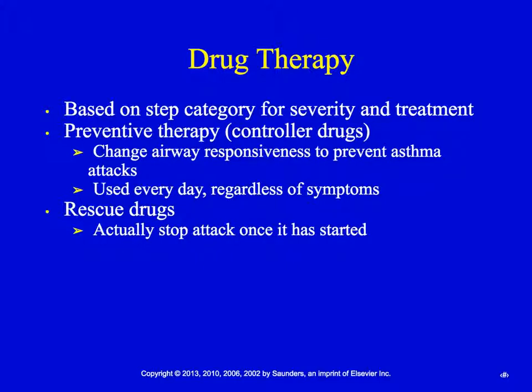And then the other one is the anticholinergic antagonists, which also cause bronchodilation. A very common one is ipratropium, otherwise known as Atrovent. That's a pretty common anticholinergic bronchodilator.